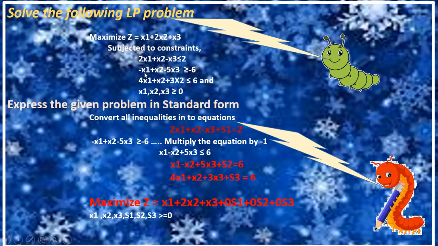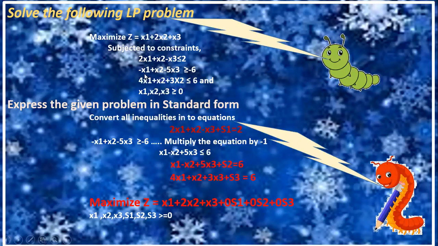Consider the second equation: minus x1 plus x2 minus 5x3 greater than or equal to minus 6. In the simplex method or big M method, if the right hand side value is negative, you have to multiply by minus 1 and make the right hand side a positive value. So multiply that equation by minus 1.